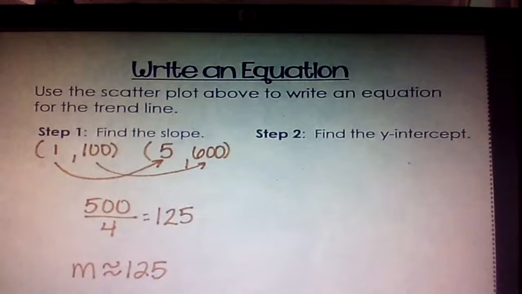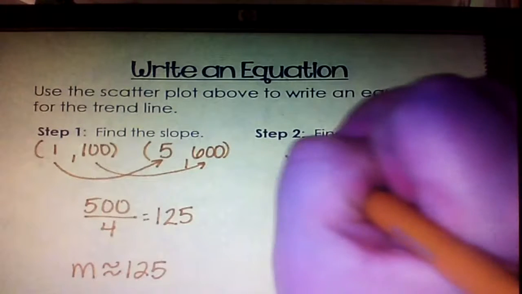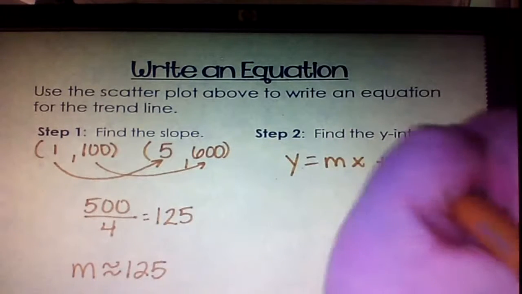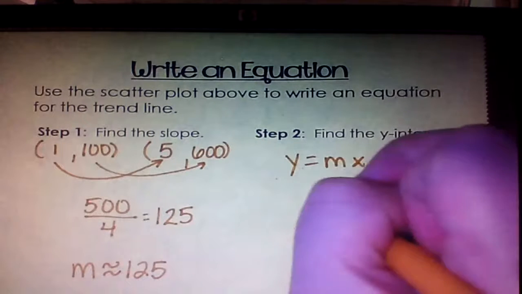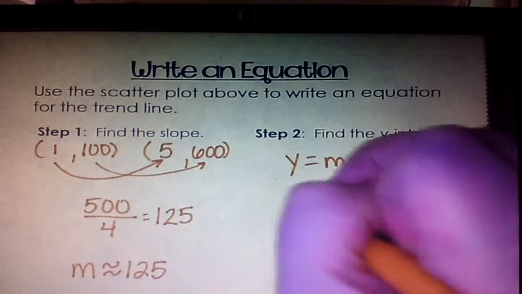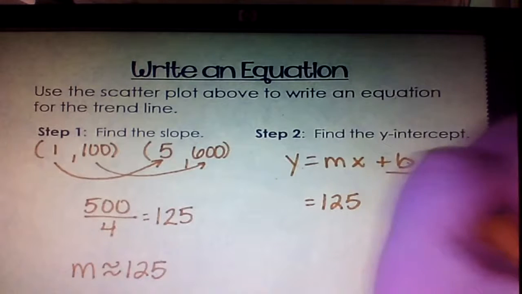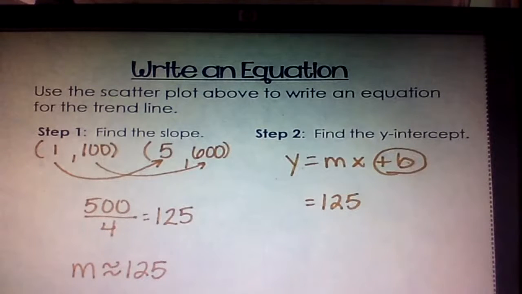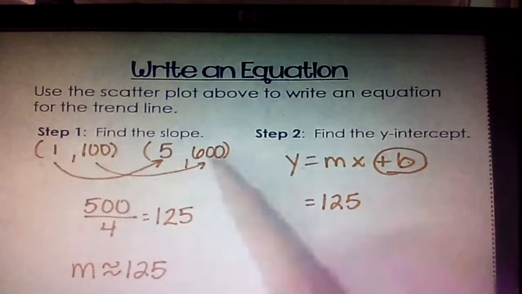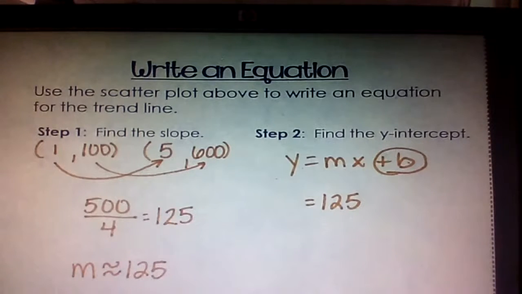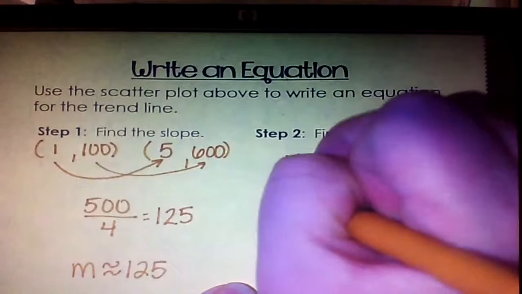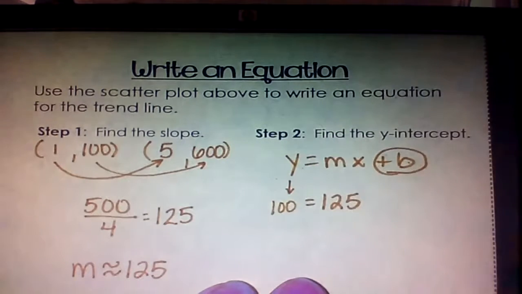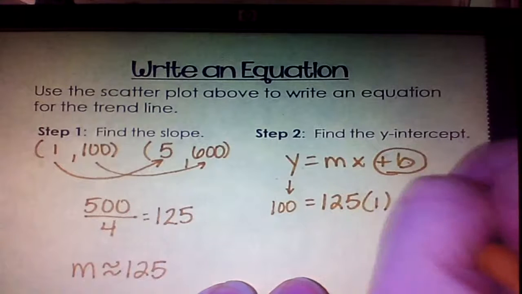Okay, to find the y-intercept then, remember, y equals mx plus b. So all I know right now is m is 125. I need to figure out what b is. I need to know what my y-intercept is. Okay, pick either one of these points. Which one you want to use? 1 and 100. So if I use 1 and 100, my y value is 100. My x value is a 1.